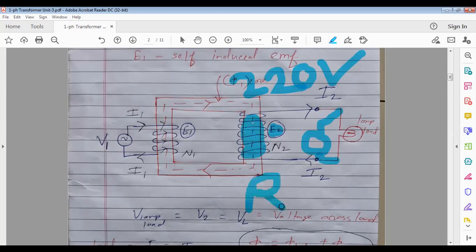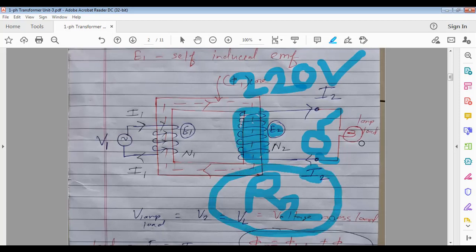Its resistance is R2. Primary side copper winding, its resistance is R1. Isn't it? So current flowing through secondary winding is I2 and resistance of secondary winding is R2. So I2 R2 voltage drop will be there and the rest is applied to the load.